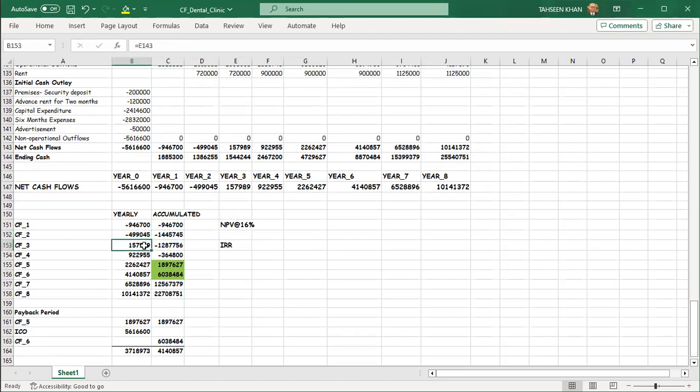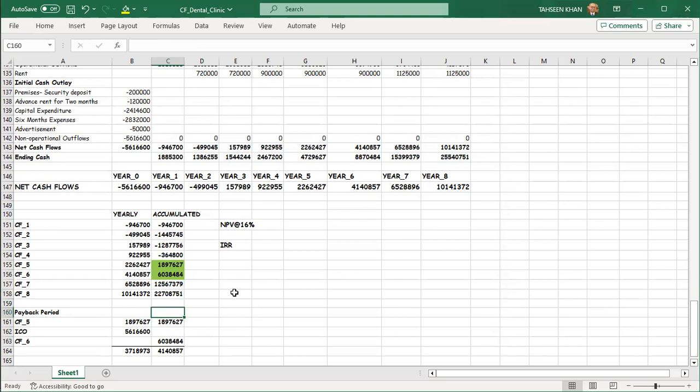Although we have the positive cash flow for the third year, the accumulated cash flow still remains negative till 4 years. From the fifth year, it starts becoming positive. And here we have the payback period, because our initial investment is 56,16,600. So the payback period is more than 5 years and less than 6 years.